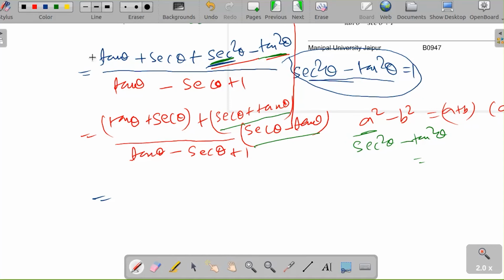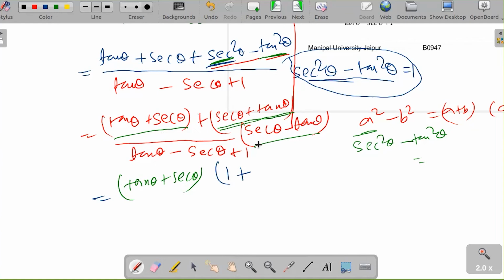Okay. Now this tan plus sec and sec plus tan, these two things are common, so we can take it common as tan plus sec, and what will remain? It will remain nothing here. That means if there is nothing and still we take common, then it will remain as 1.